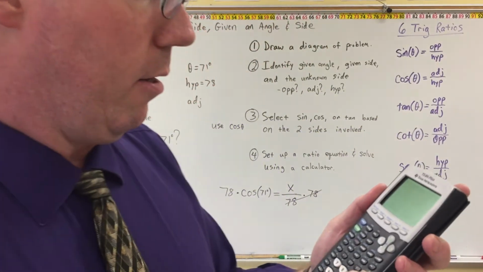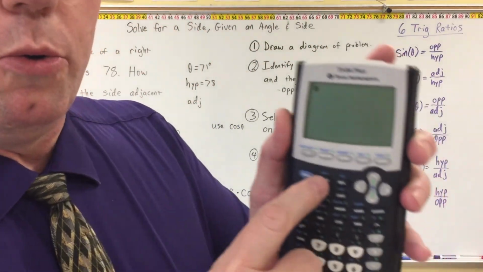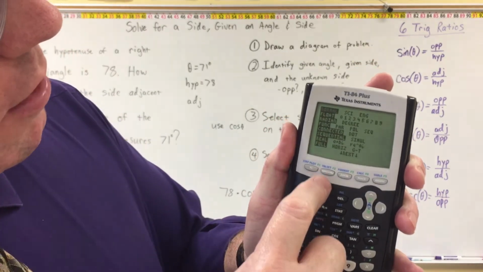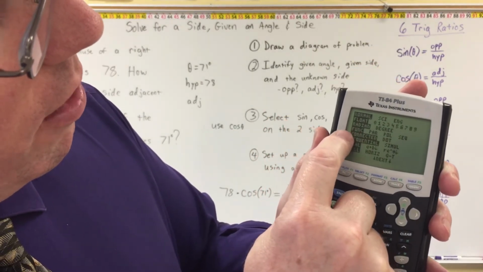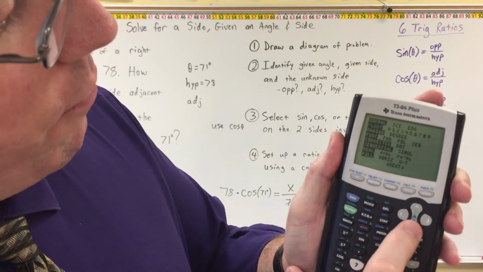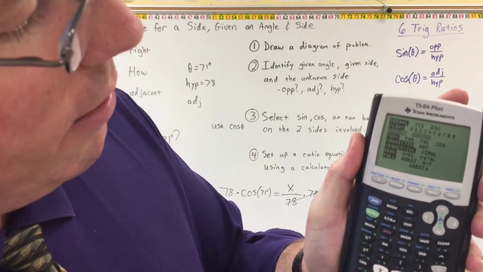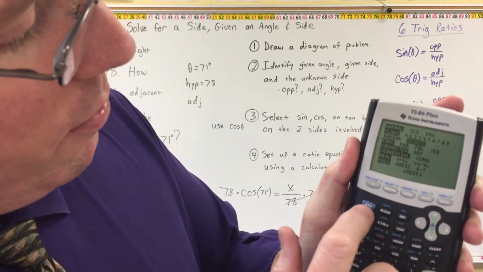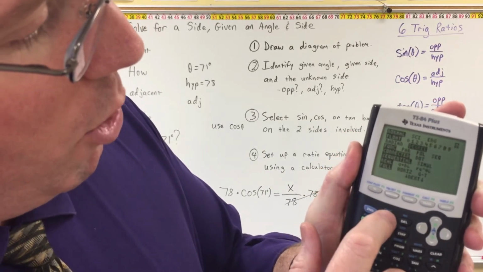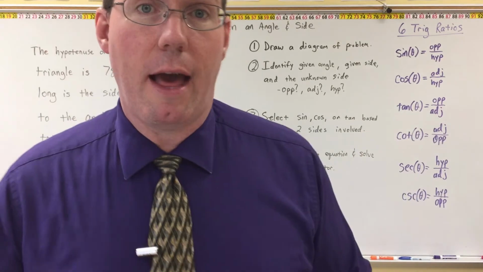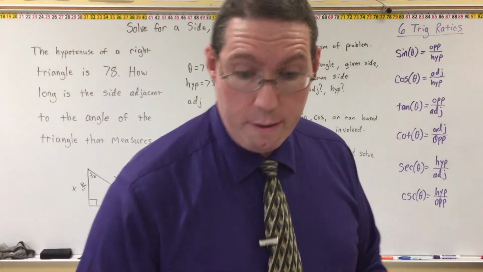I'll turn on the calculator, and I got to go to mode right here. I'm going to hit mode, and do you see here where it says radian? It is in radian mode. I need it in degree mode. I need to go over to degree and press enter. Now it's in degree mode. Then I can hit second mode, and that'll quit out, and now the calculator is in degree mode.